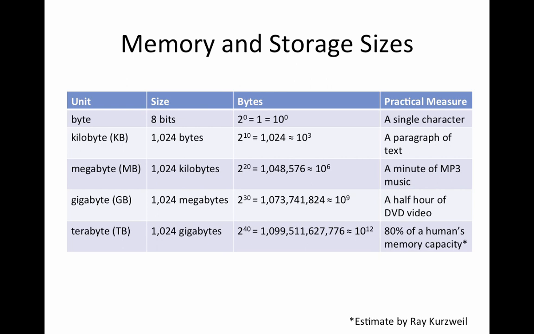This last slide gives us an idea for the different memory and storage capacities and how actually those numbers are computed. For instance, 1 byte is defined as 8 bits. 1 kilobyte is 2 to the power of 10, 1 megabyte 2 to the power of 20, 1 gigabyte 2 to the power of 30, 1 terabyte 2 to the power of 40, so we go up by 10 every time.